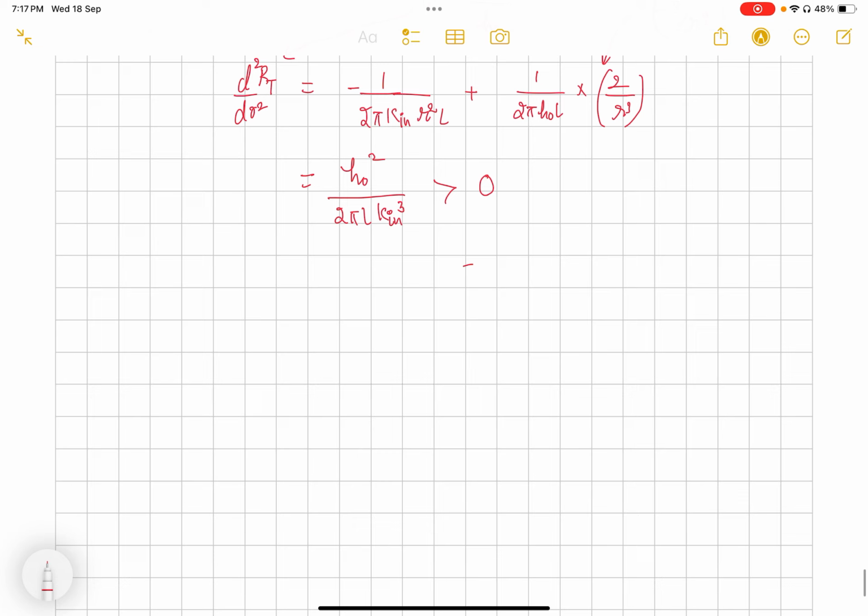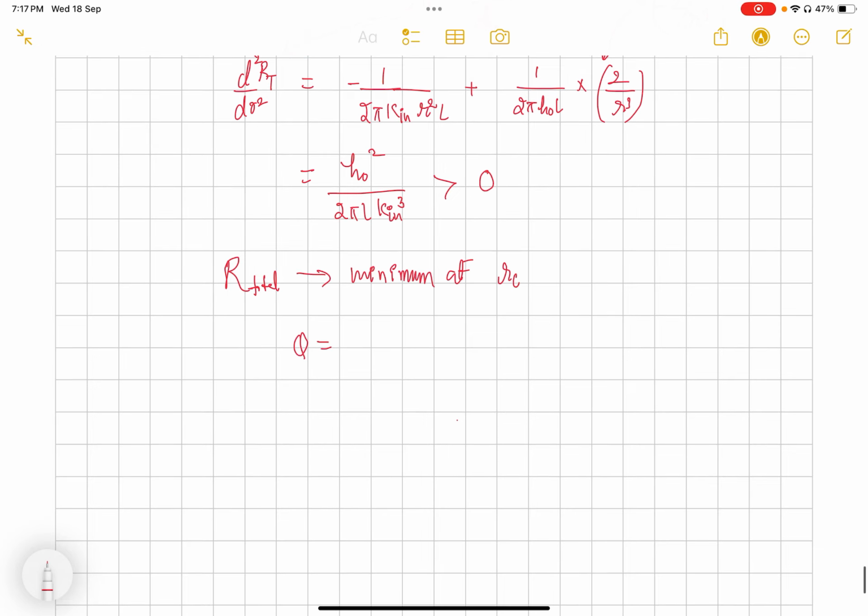So it means that the total resistance is minimum at the critical radius of insulation.